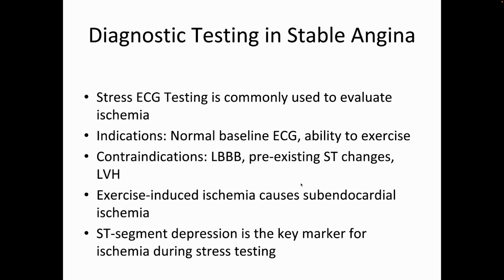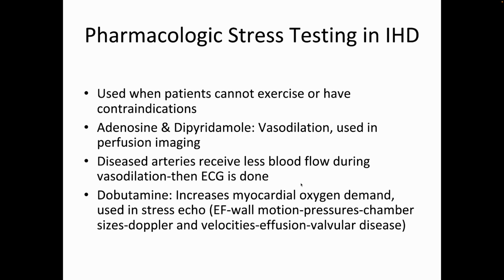Exercise-induced ischemia causes subendocardial ischemia. That's why on the ECG you will find changes such as an ST segment depression. Now, in case someone cannot exercise, you want to do pharmacological testing. In this case, you give drugs like adenosine or dipyridamole, which cause vasodilation of all the coronary arteries as a whole.